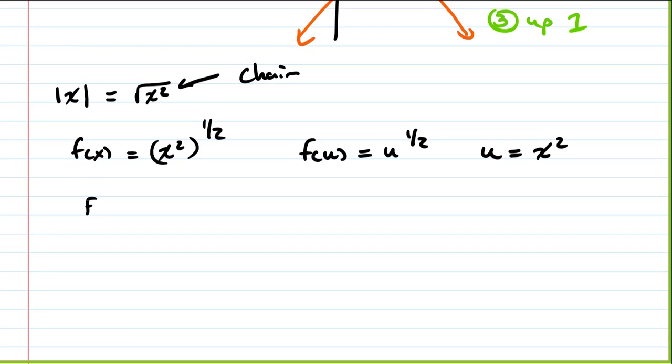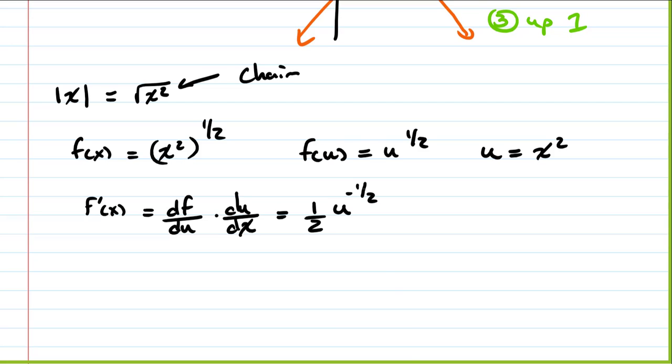So then our derivative, f prime of x, is equal to df du times du dx. So we get 1/2 u to the negative 1/2 times du dx, which is 2x.